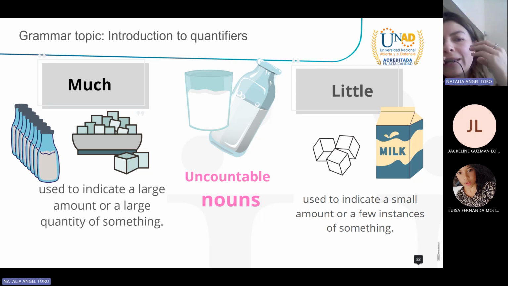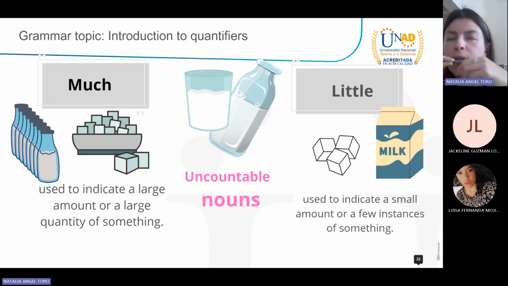So if we want to say that there is a large amount, we have to use much. Opposite, when we want to refer to a small amount of something, and for sure we don't know exactly how much, we use little.